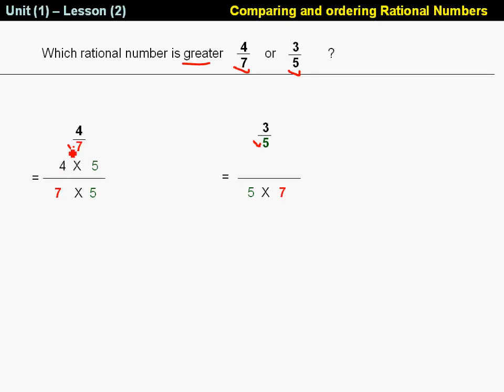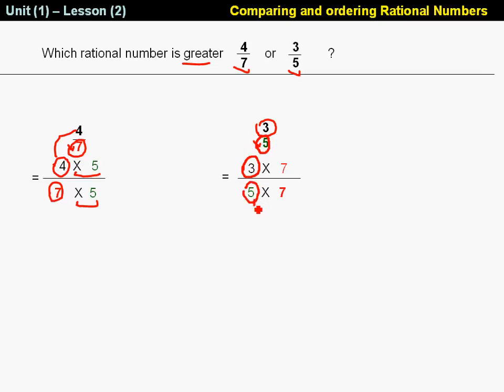We write this 4 here and this 7, which is the denominator, here is multiplied by 5. So we must multiply 4 times 5 also. The same. 3 is here and the denominator 5 is here.